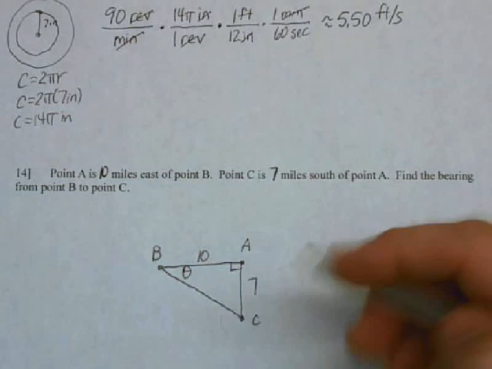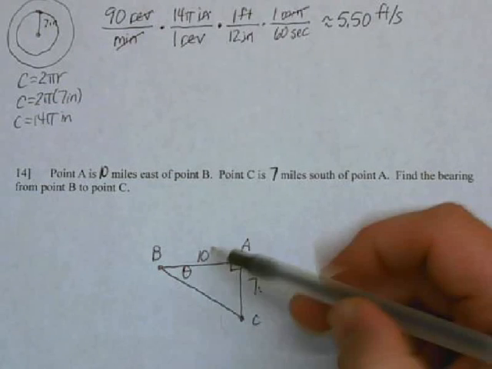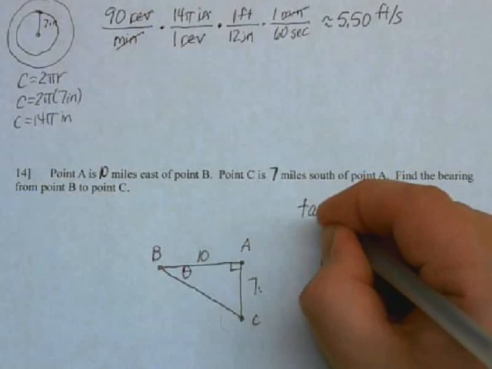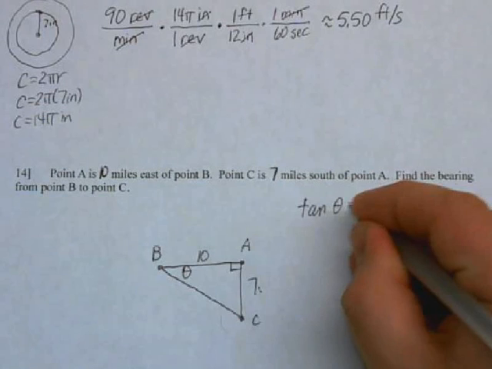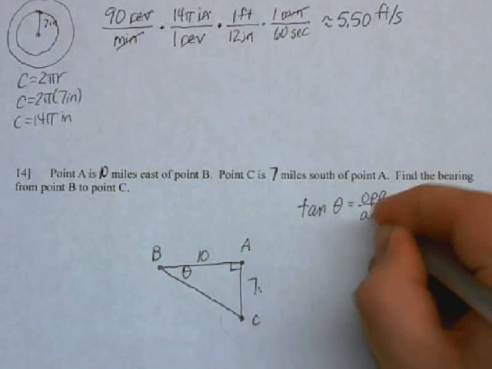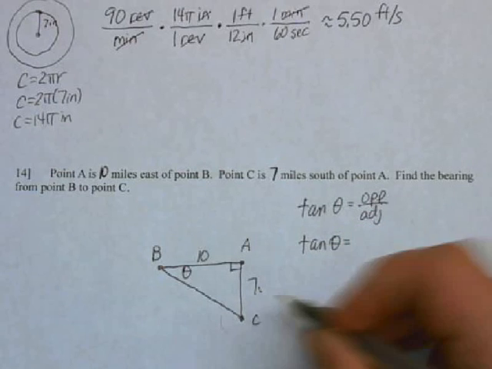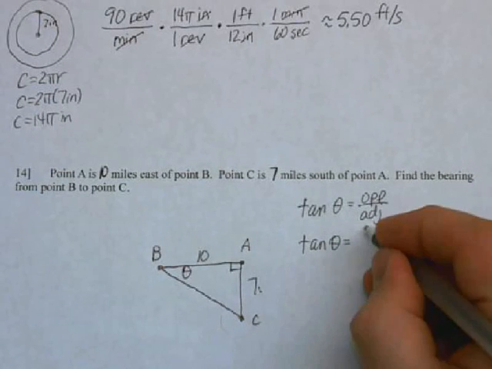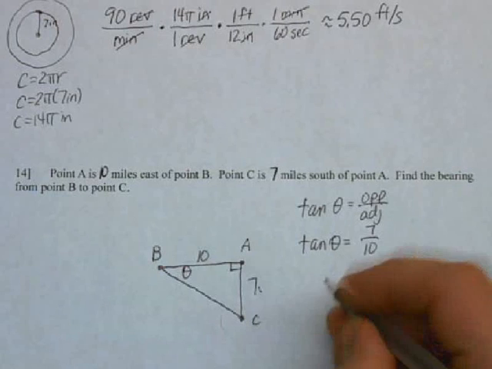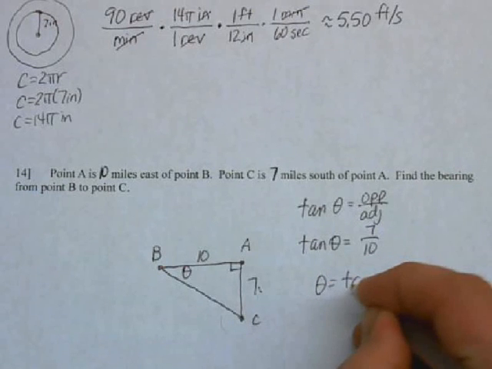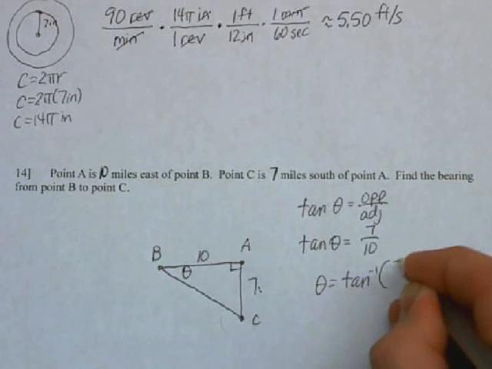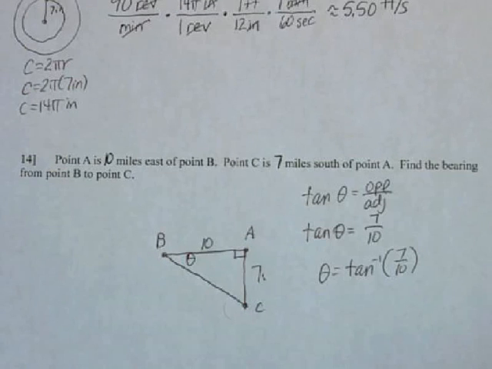So I know the opposite and adjacent, so I'm going to use tangent. So the tangent of theta is equal to 7 over 10. So I know that theta is the arctangent of 7/10.